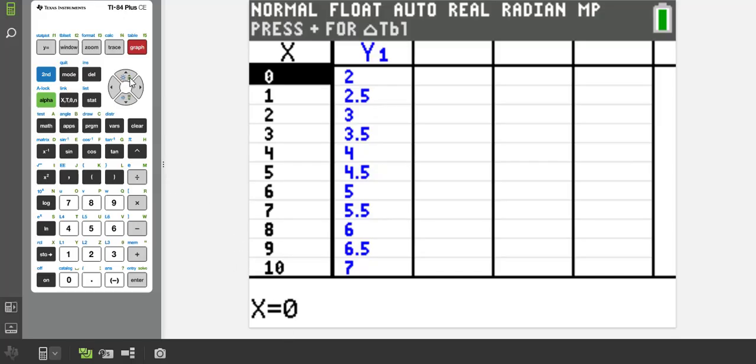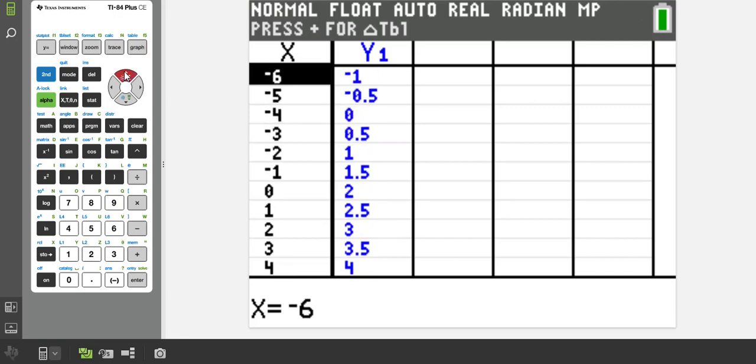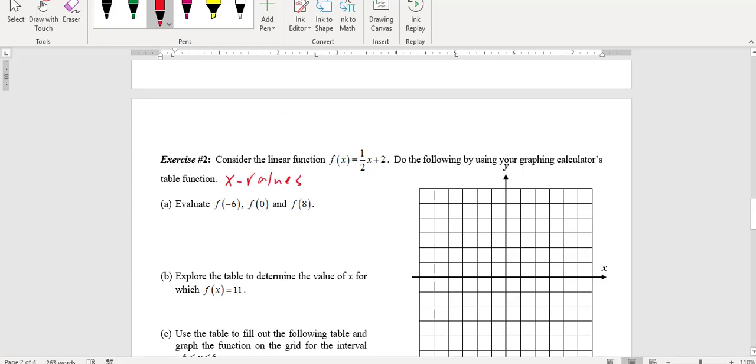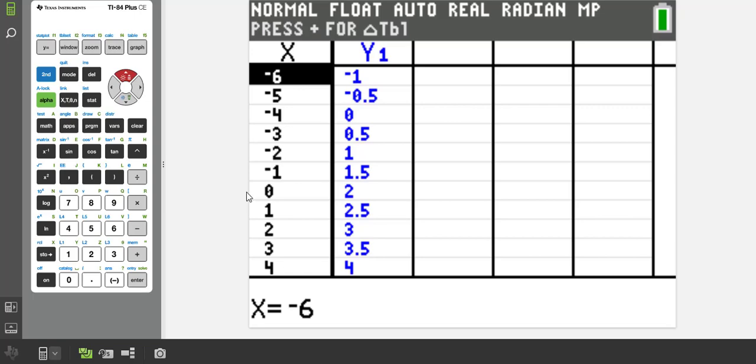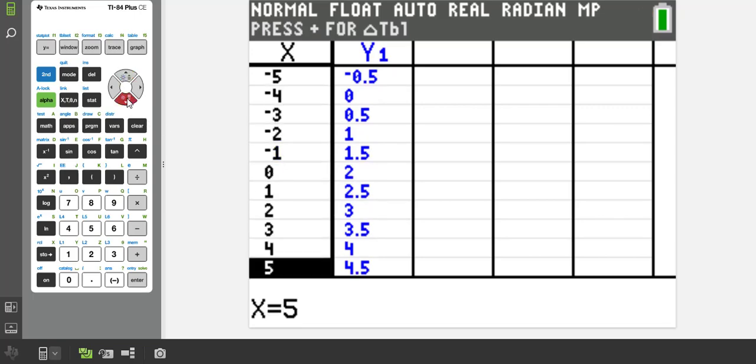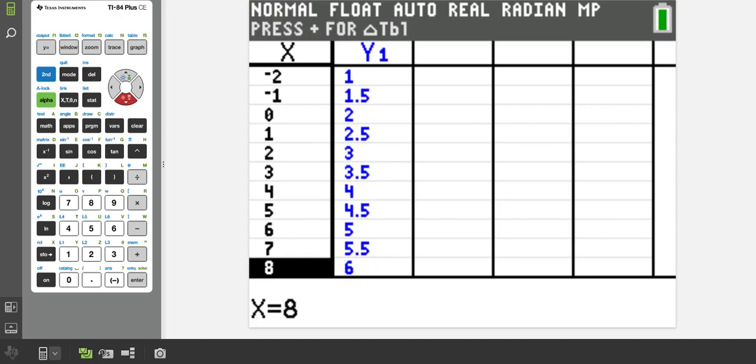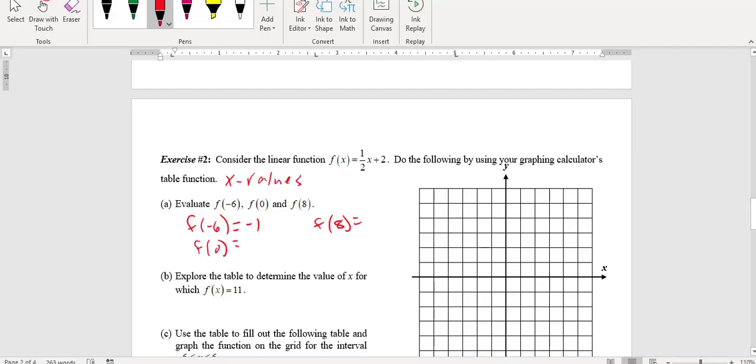If I arrow up to -6, the y value is -1. So f of -6 equals -1. And then I'll do the same thing for f of 0, and the same thing for f of 8. F of 0 is 2, and f of 8 is 6. So this was 2, and this was 6. Okay?